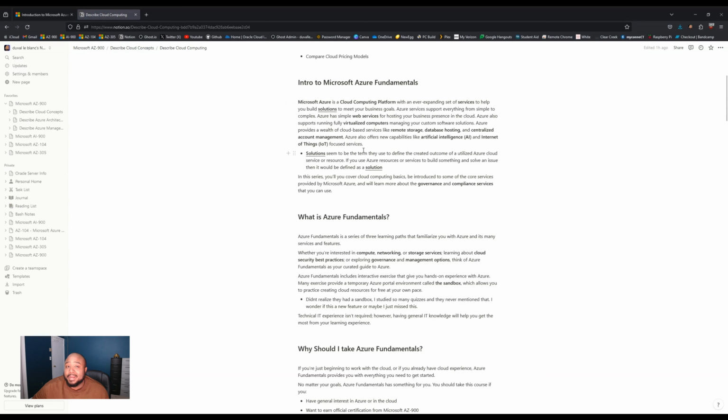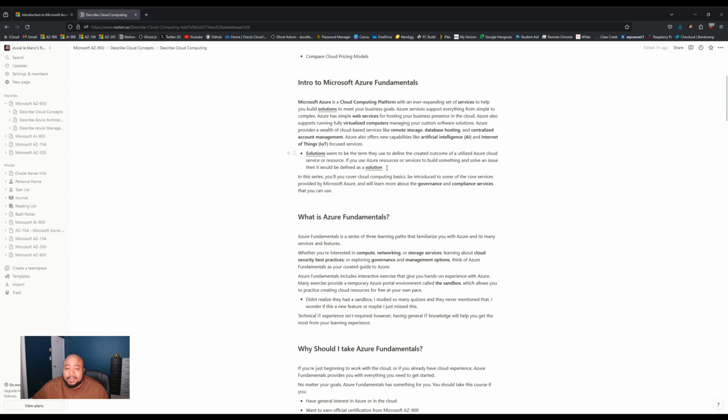This is just my notes: solutions seem to be the term they use to define the created outcome of a utilized Azure cloud service or resource. If you use Azure resources or services to build something and solve an issue, then it would be defined as a solution. That's just my 2 cents on that.